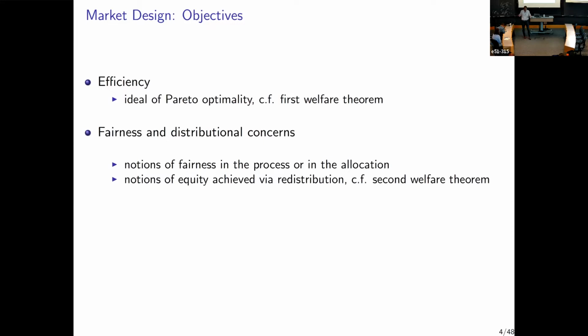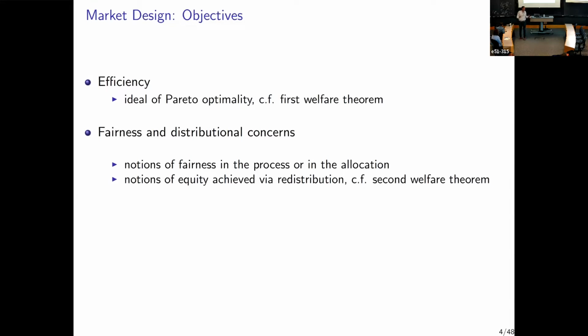We're also going to care about fairness and distributional constraints. Now we don't have a second welfare theorem anymore, so we're not going to be able to say, well, if you redistribute the initial endowment, you can get any point on the Pareto frontier, and we go home. We don't have this type of redistribution, so we're going to have to think, if you change this rule, what's going to happen in terms of distribution, in terms of fairness?